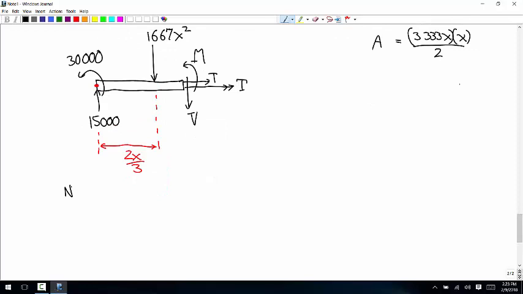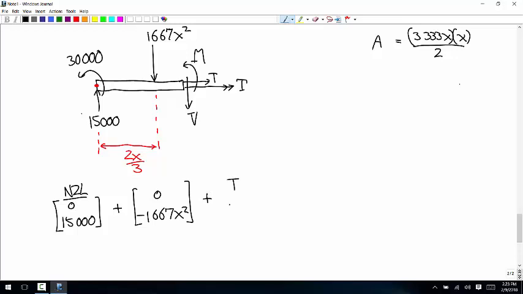Okay, so Newton's second law says 0 = 15,000 + 0 − 1667x² + t − v is equal to zero.